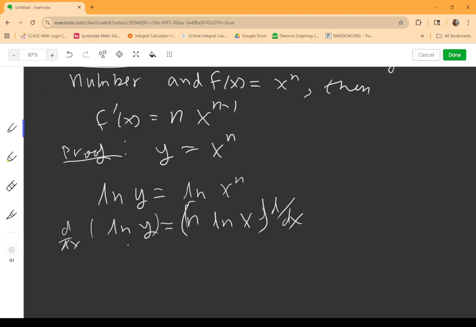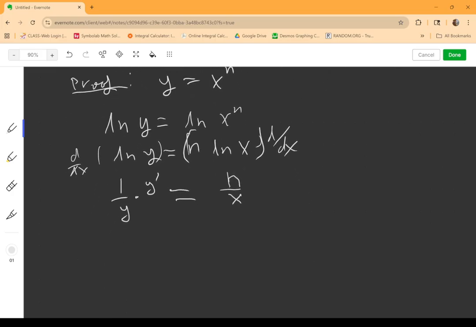Again, on the left side of the equal sign, we're using implicit differentiation, so we get 1 over y times y prime, by the chain rule. And here, n is just a constant, so we're taking the derivative of natural log of x, which is 1 over x, or simplifying as n over x.